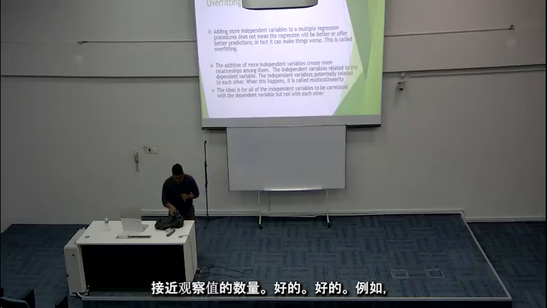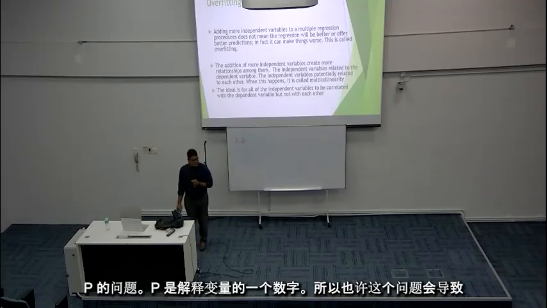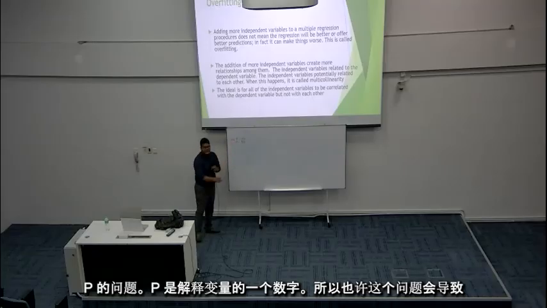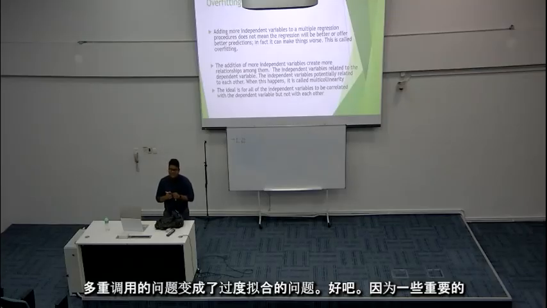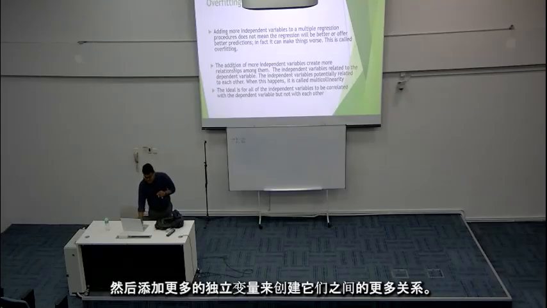For example, let's say you have 50 observations, n equals 50, and p, the number of explanatory variables, you put maybe 40. This will lead to the problem of overfitting, because some of the insignificant independent variables are not being filtered out from the model. And the addition of more independent variables creates more relationships among them.